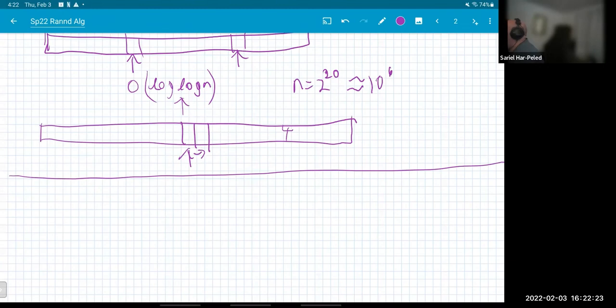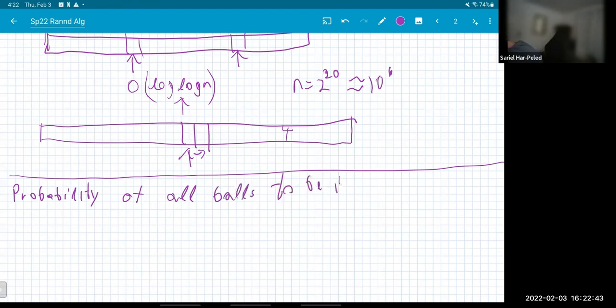Okay, let's do one calculation that is easy to do just because it's easy. So what's the probability of all balls falling into their own bins?